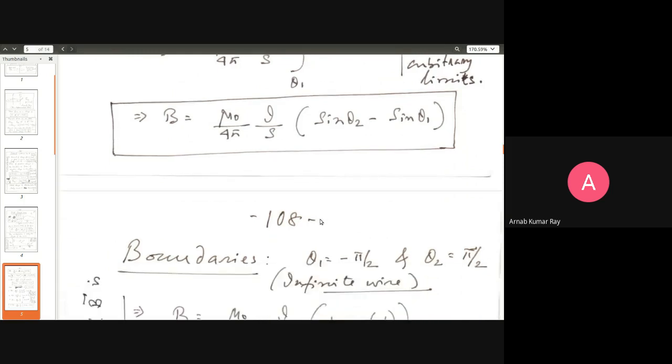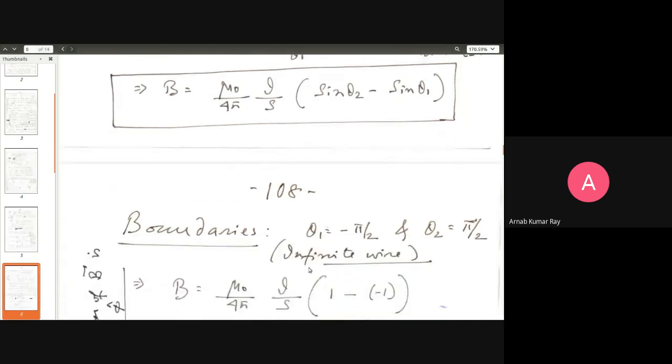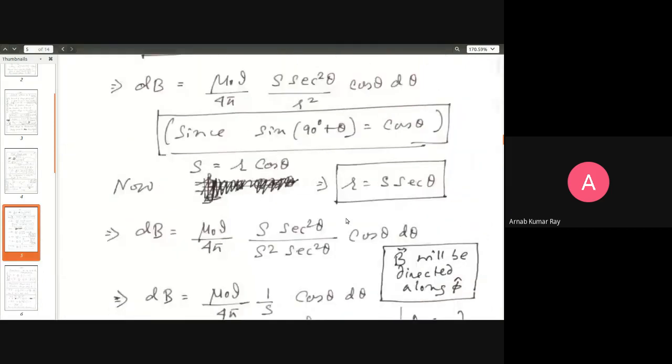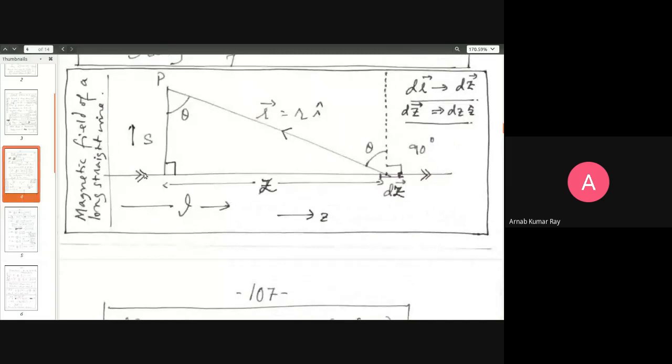Now we are talking about an infinite wire. So what are the boundaries of an infinite wire? Let us go back to this diagram. The wire will go this way to infinity and this way to infinity as well. And if this small line element goes to infinity, then this theta will keep increasing.